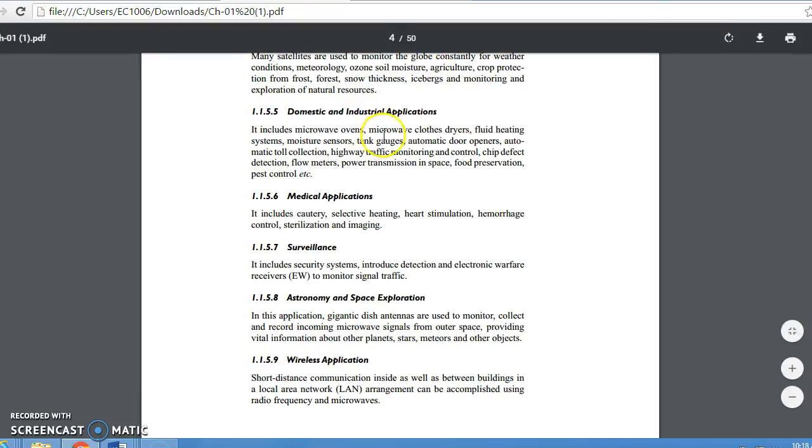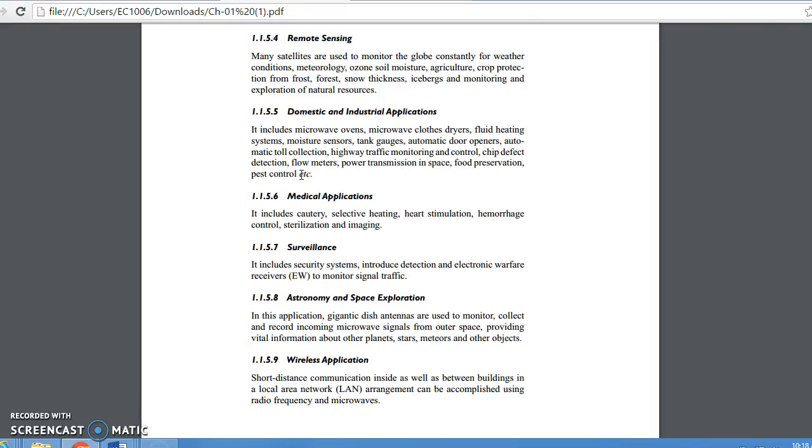These include microwave ovens, microwave cloth dryers, fluid heating, moisture sensors, tank gauges, automatic door openers, automatic toll collection, highway traffic monitoring and chip defect detection, flow meters, power transmission in space, food preservation, and pest control. Normally in our homes we use the microwave oven for food preparation.